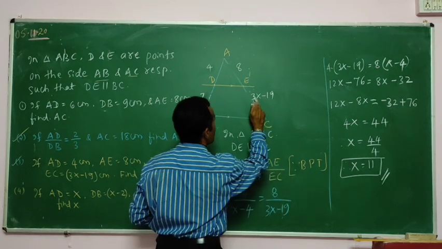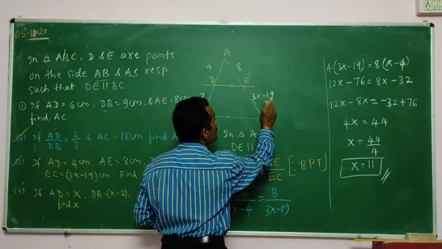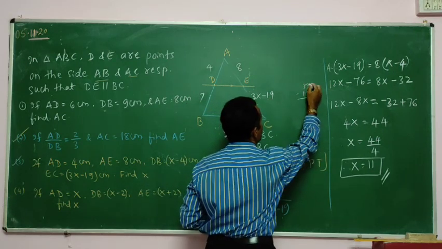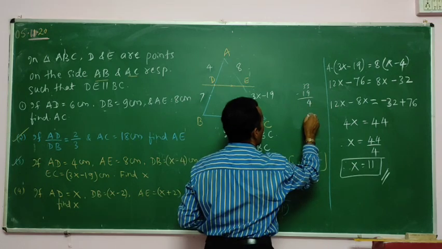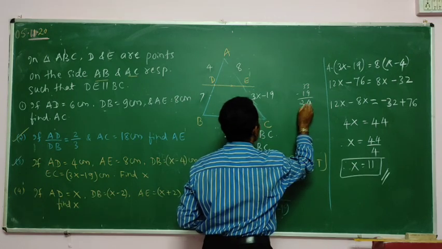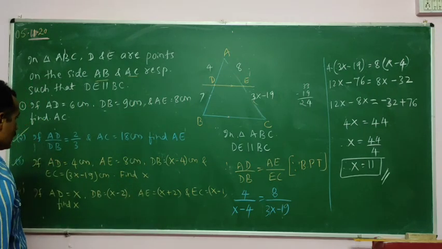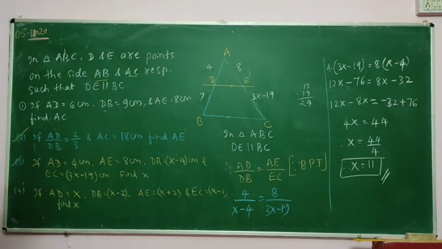Come on. 3x: 11 3s are 33. 33 minus 19. Oh, somewhere the problem is wrong.